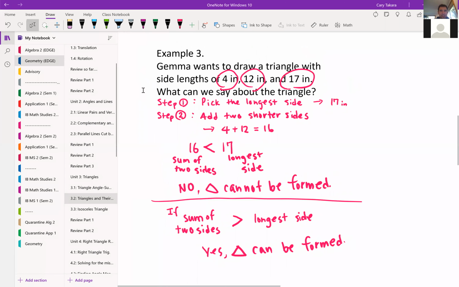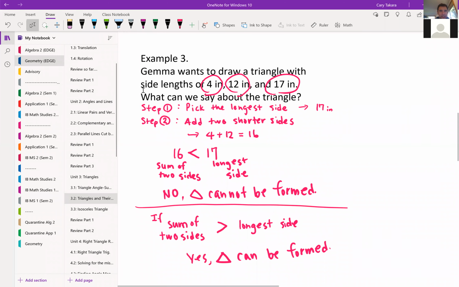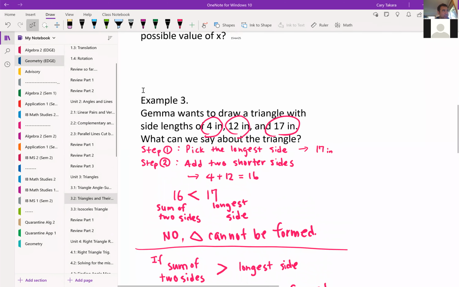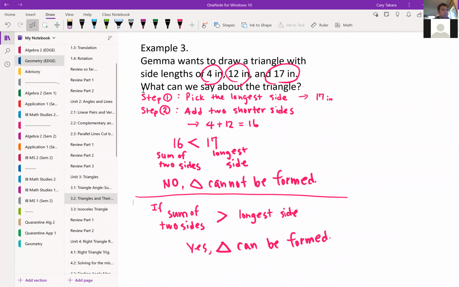Does anybody need more time for this example? All right, let's do another one. Now we're going to go over example number 2. Is everybody okay? Is everybody ready for another example?